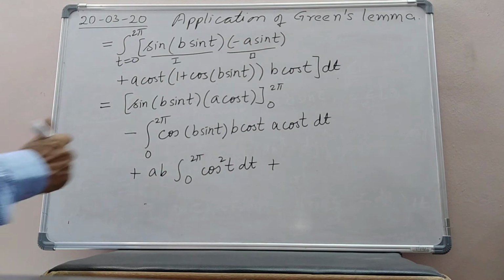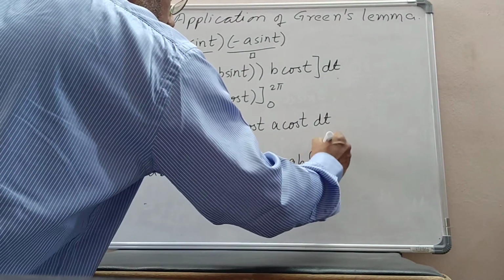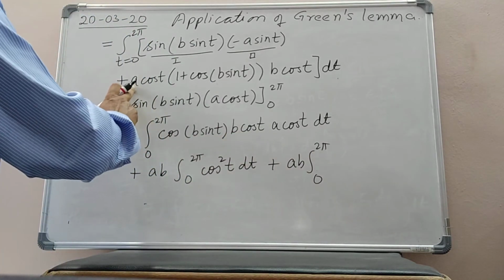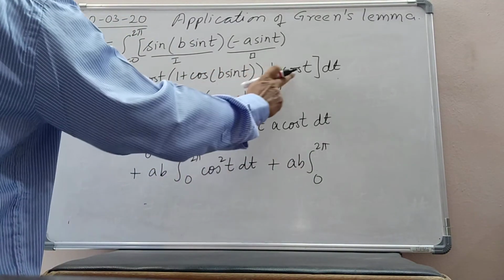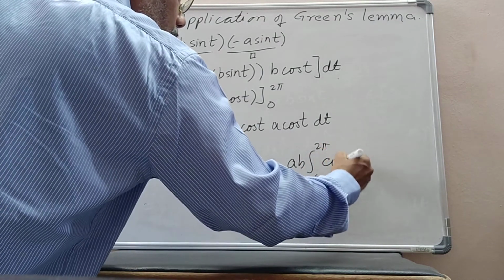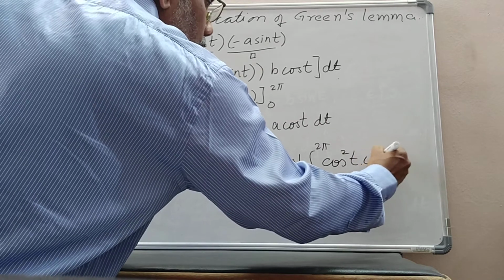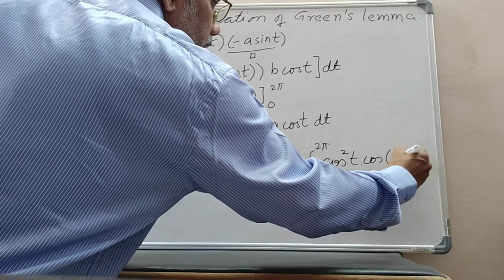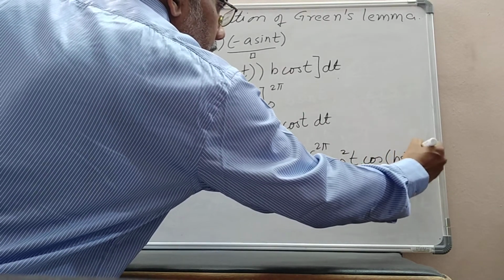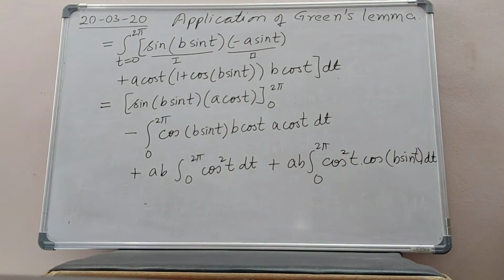So this is ab integration 0 to 2 pi, this a and this b, and then cos square t and this cos square t, cos b sin t dt. Just check that.